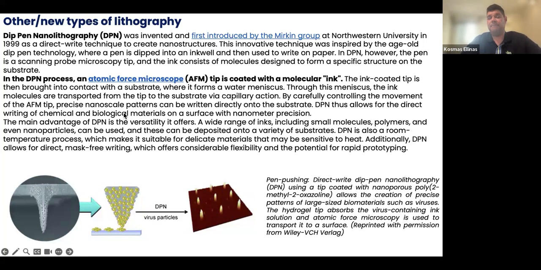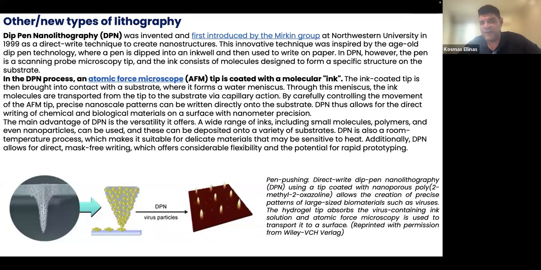So it is actually a very sharp tip which we use as a molecular ink, like the pen we had in the past in order to write, but we don't apply ink, we apply molecules. So you can pattern viruses, bacteria, whatever.